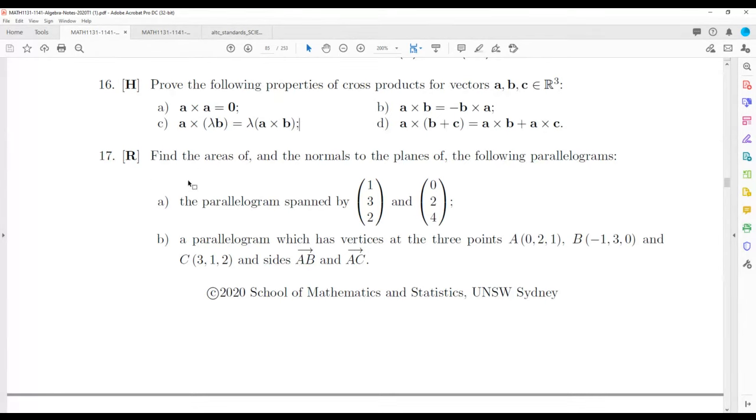And so in this question, we want to find the areas and the normals to the planes of the following parallelograms, okay? So let's start with part A. You've got two vectors that form the sides of a parallelogram, and they're not the parallel or opposite sides. What is the area of that parallelogram using cross products? Okay, so we'll go back to this.